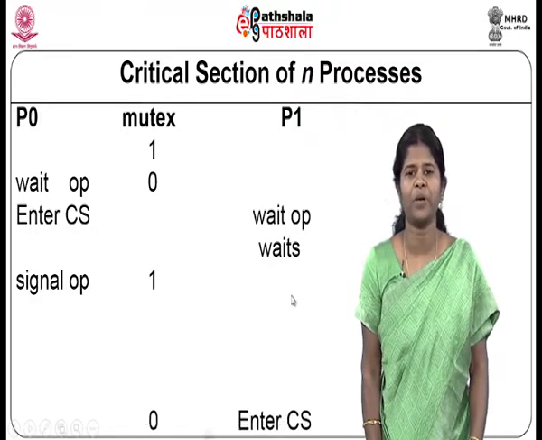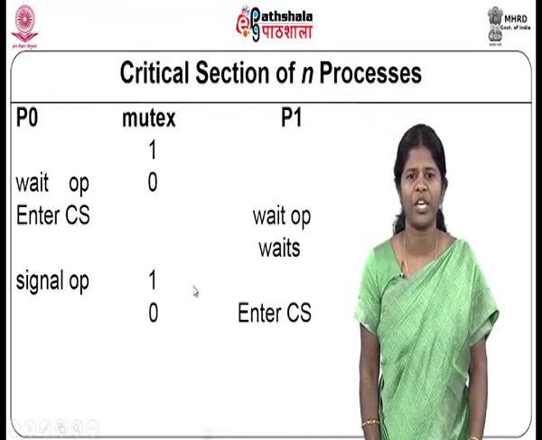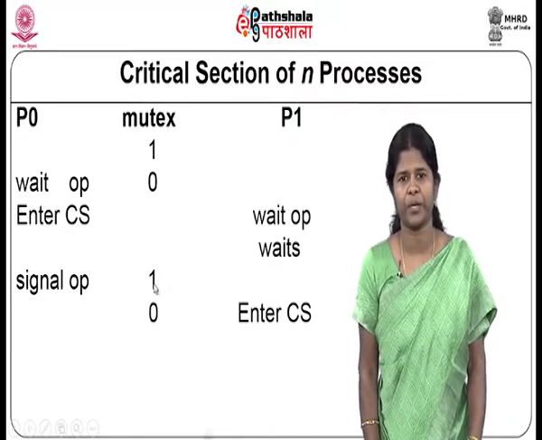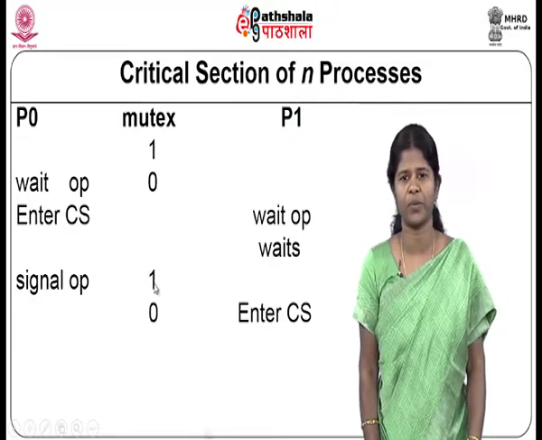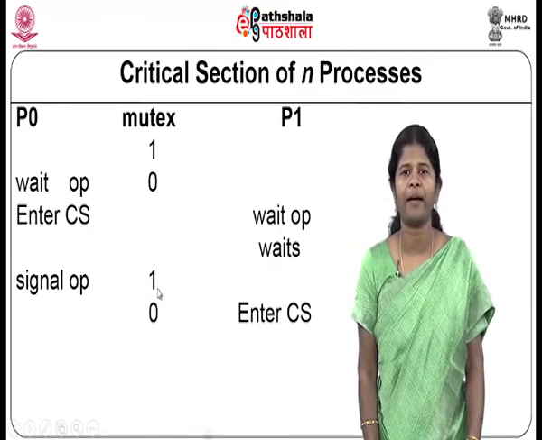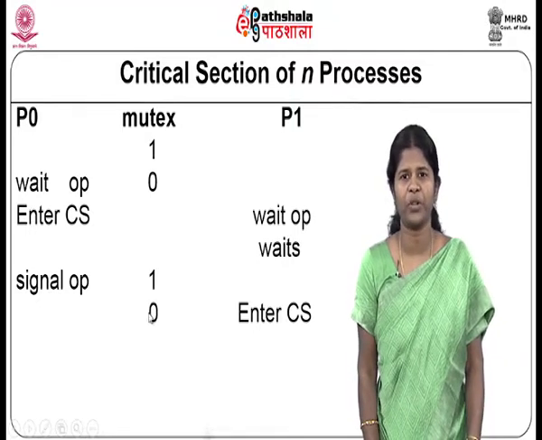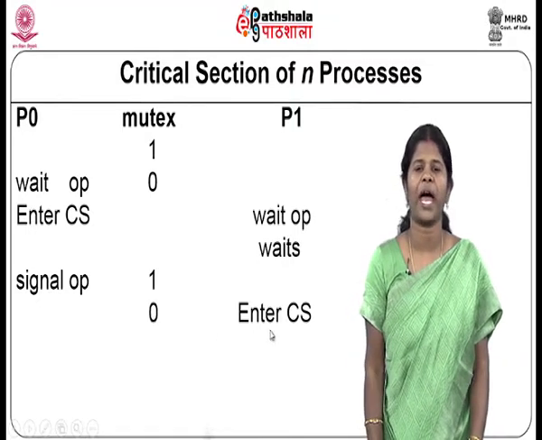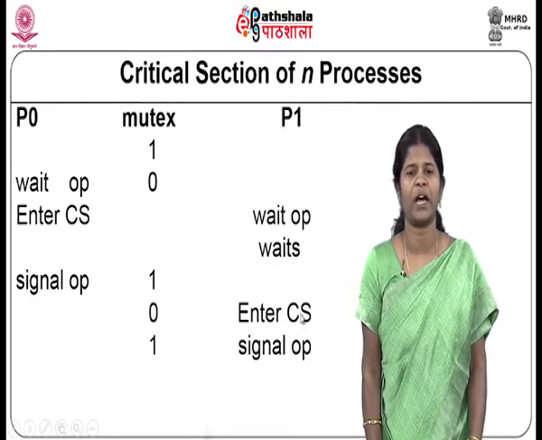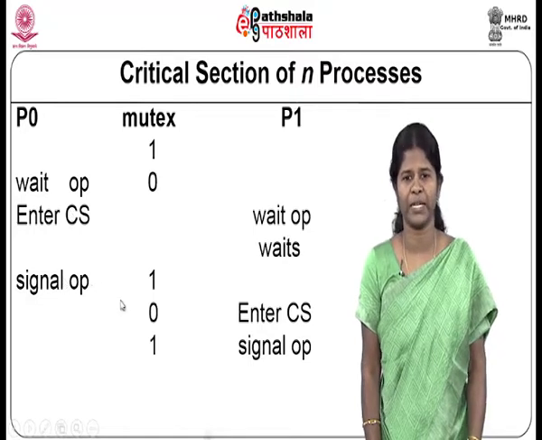When process P1 tries to execute wait on mutex, it checks the value and finds that it is 1, which is not less than or equal to 0. So process P1 can continue to enter the critical section. It decrements the value of mutex, making it 0, and enters the critical section. So P1 is allowed to enter the critical section only after P0 comes out of it.